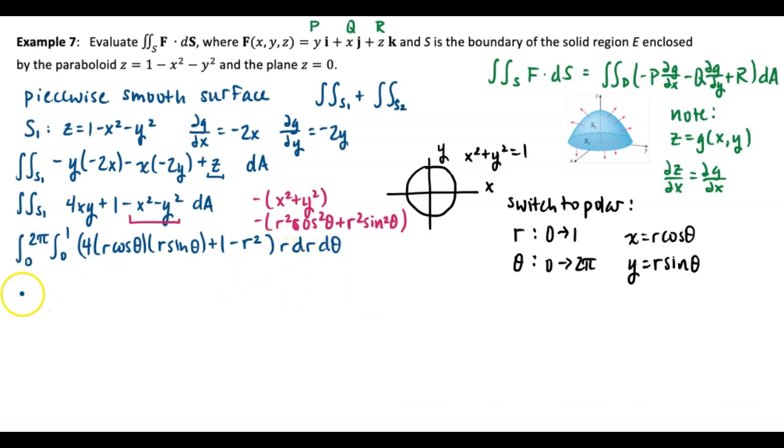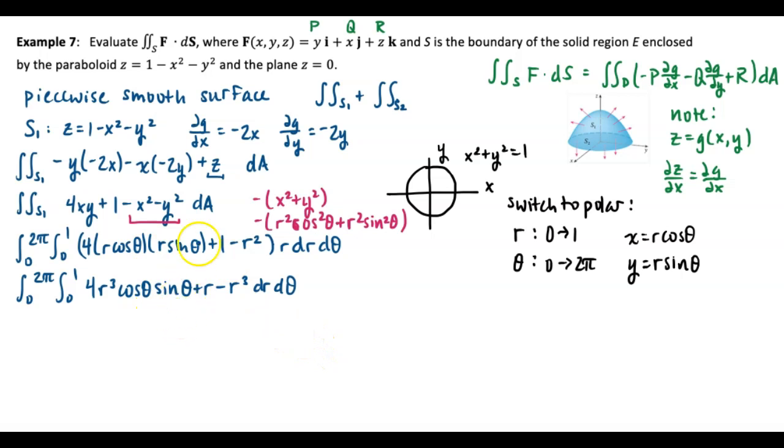Let's distribute that r. So we have the double integral from 0 to 2 pi, then from 0 to 1 of 4 times, well, this is going to be an r squared, times that r makes this an r cubed, cosine theta sine theta, plus 1, well, now that's a plus r, minus r squared becomes a minus r cubed, dr d theta.